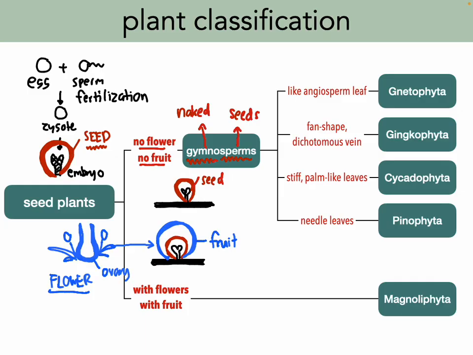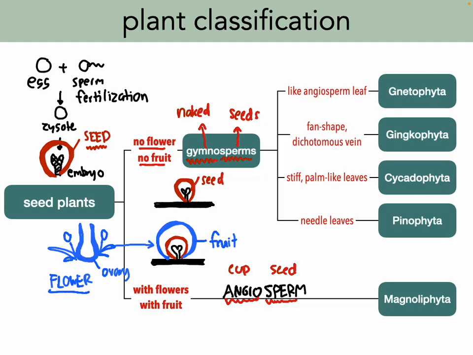So the fact that this seed is no longer naked, right? We give this a new name. We still use the word sperm, right? Because sperm means seed, but now it has a cup to contain the seed. Now we call it angiosperm. So the word angio means cup, sperm means seed.